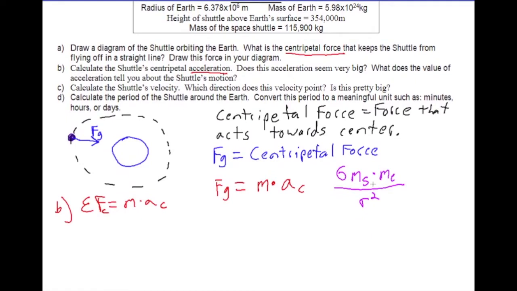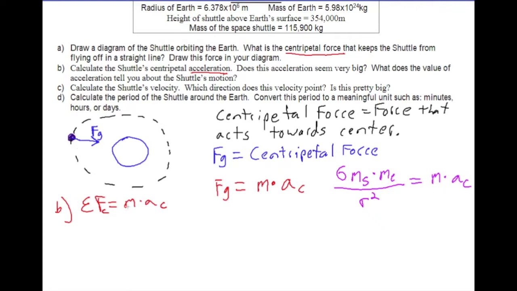I know that this Fg is equal to mass times acceleration. The question is, though, what mass is this? And if we look back at our equation over here, we know that it's the mass that's experiencing centripetal acceleration. Which mass is experiencing centripetal acceleration in this problem? Well, that's going to be our satellite.